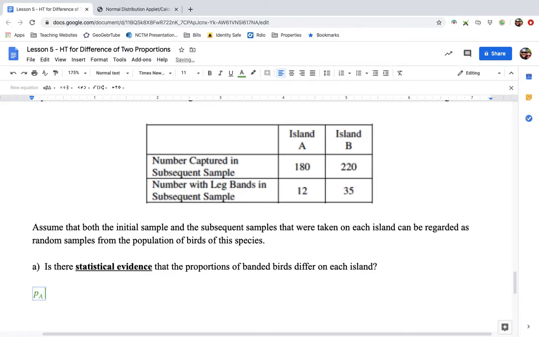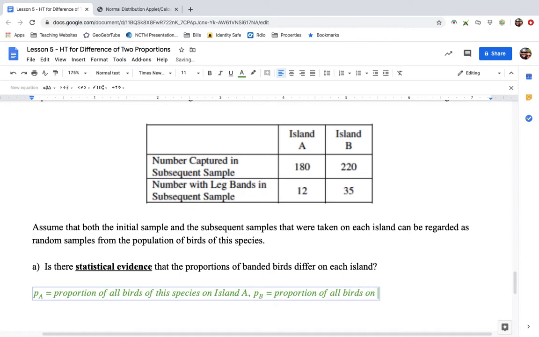P sub A, which is the proportion of all birds of this species on island A. And then we have the same sort of definition for P sub B, the proportion of all birds of this species on island B.